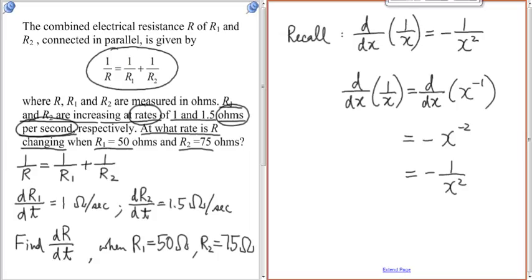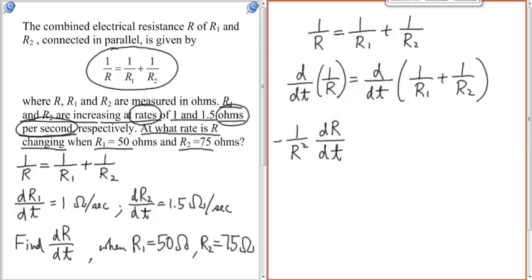Now, go back to our previous page. I want to take the derivative of the right-hand side. With the sum and difference rule, we take the derivative of the first term, 1 over R1, which gives negative 1 over R1 squared times dR1 by dt, minus 1 over R2 squared times dR2 by dt.